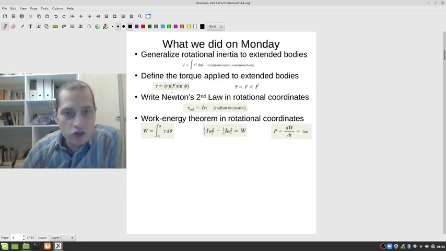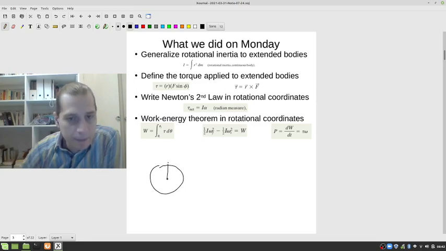Then we defined the torque. The idea was that if you have an object and you want to get it spinning, if you apply that force in the radial direction, you're not going to get any spinning. It only will start spinning if you put that force in a tangential direction.